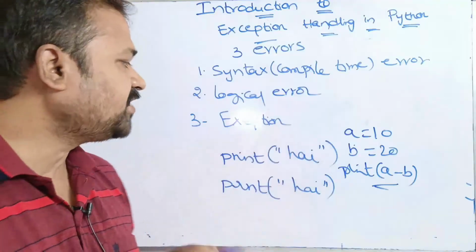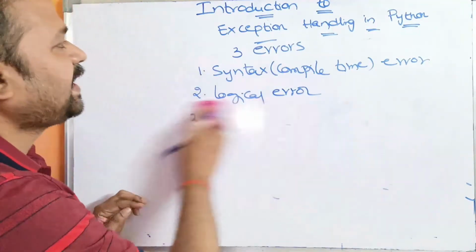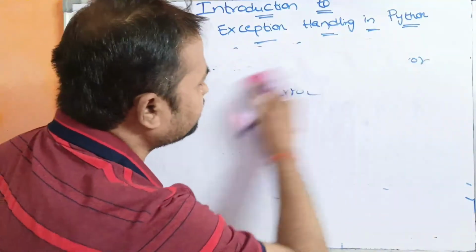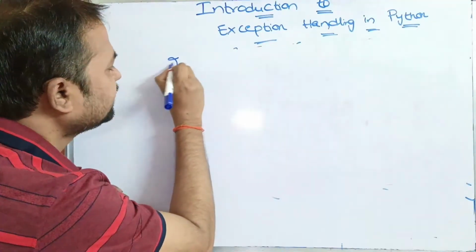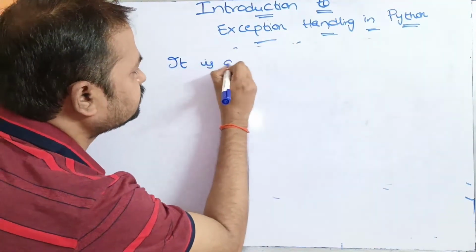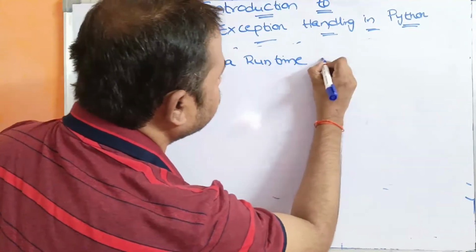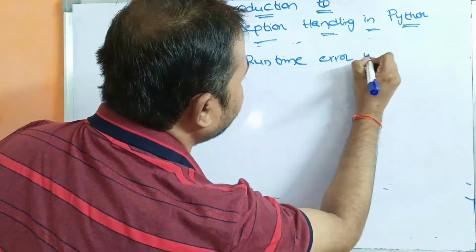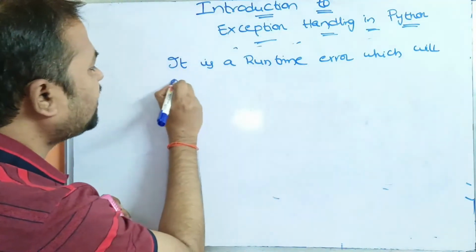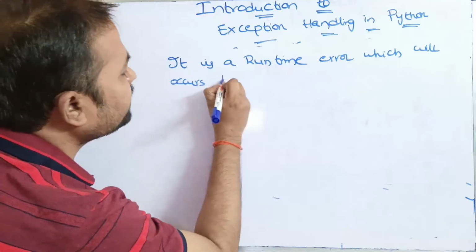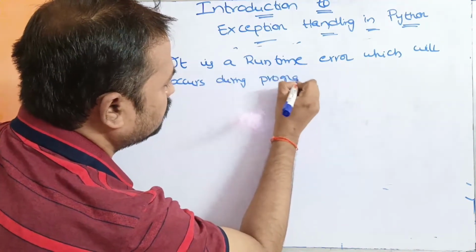Third one is exception. In this video we are going to discuss exceptions only: what is an exception and how to handle exceptions. An exception is a runtime error which will occur during program execution.